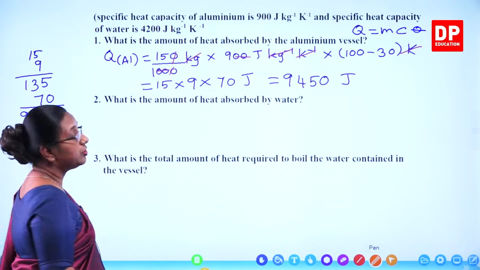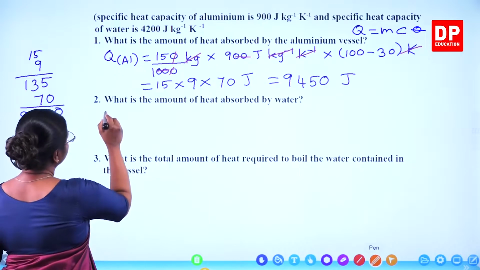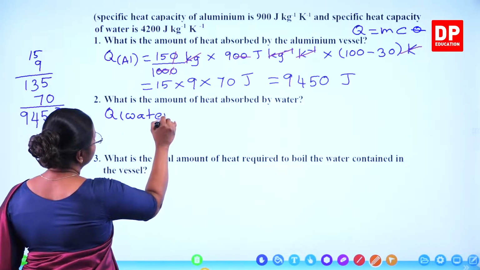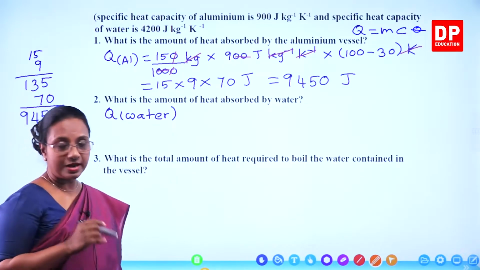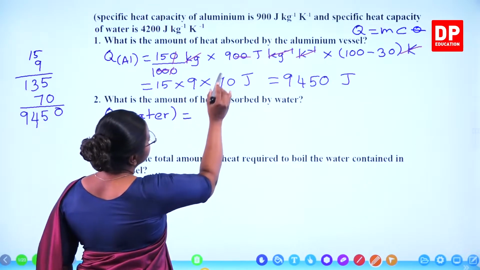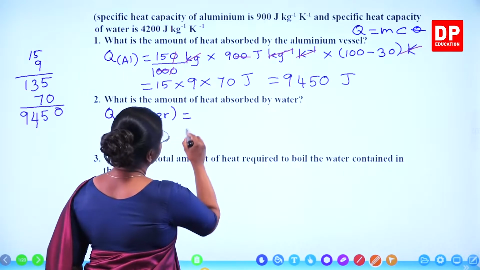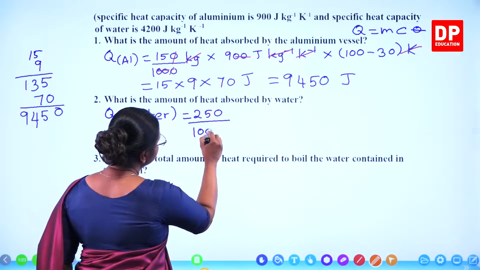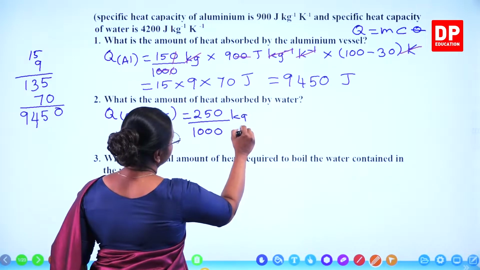Then for the next one, what is the amount of heat absorbed by water? So again we have to use the same equation. What do you need to write? Q, here I will write it as water to show that it's the heat absorbed by water. What is the mass of water? 250 grams. But we need to divide it by 1000 so that it becomes kilograms.